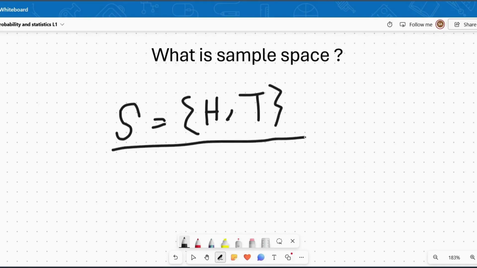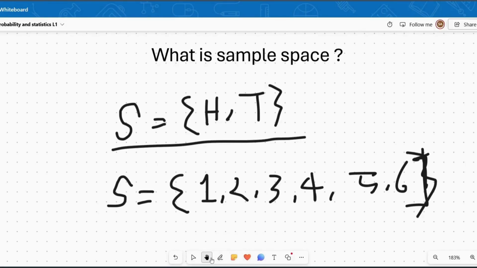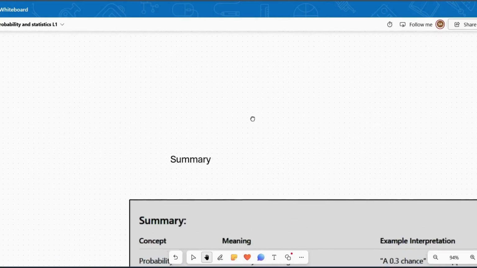This is our sample space. If we talk about a dice, then the sample space is 1, 2, 3, 4, 5, and 6, because these are all the possible outcomes. We write it in curly brackets. I hope this sample space is clear to you.